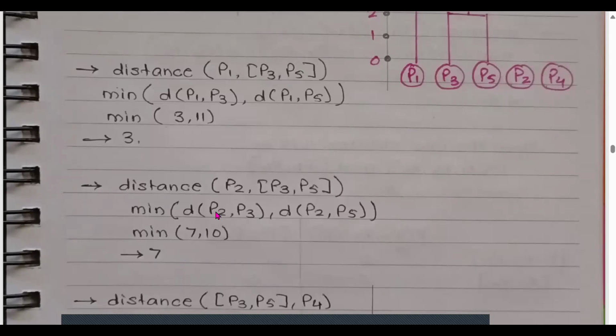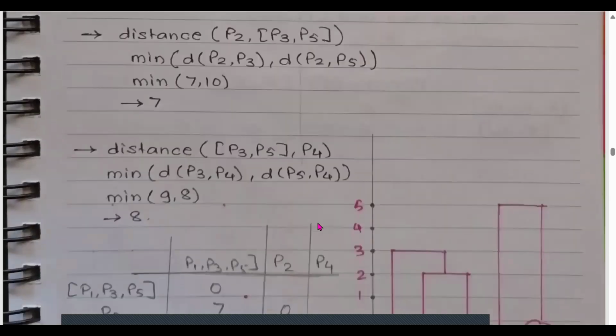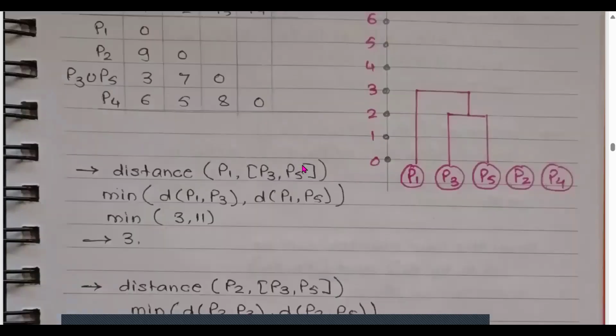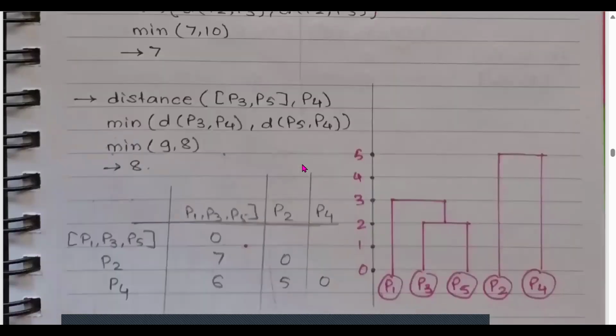Distance P2, P3, P5. Minimum of P2, P3 and P3, P5. Distance P3, P5, P4, and P2 and P4.